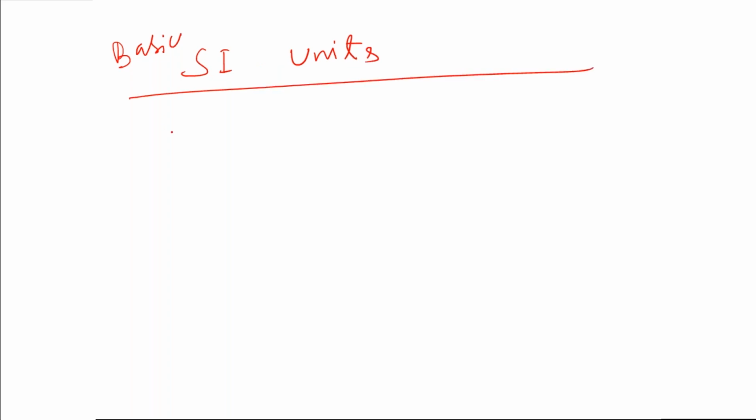So basic SI units, there are 7 basic units. You can see there are length and mass. The unit of length is meter.